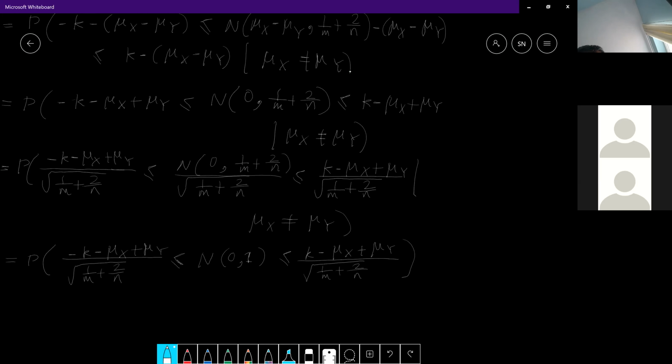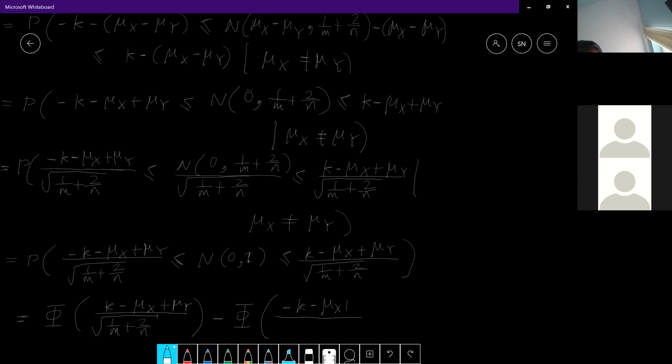Now we are close to the answer. So the answer is phi at k minus mu x plus mu y divided by the standard deviation, minus phi at the corresponding lower term.